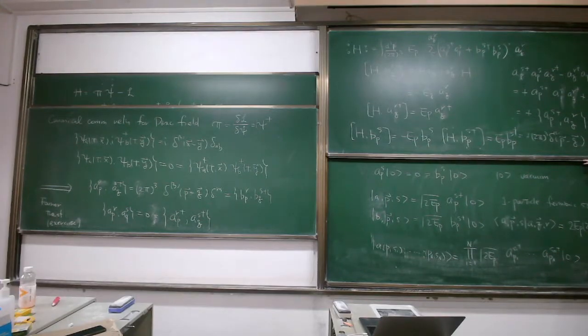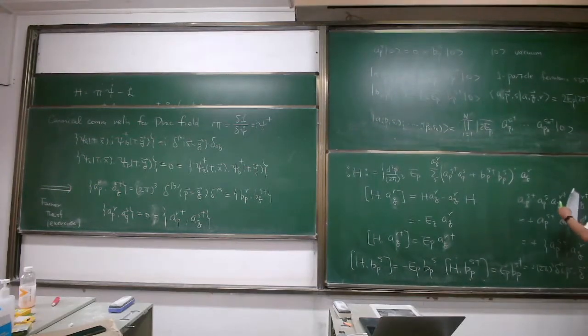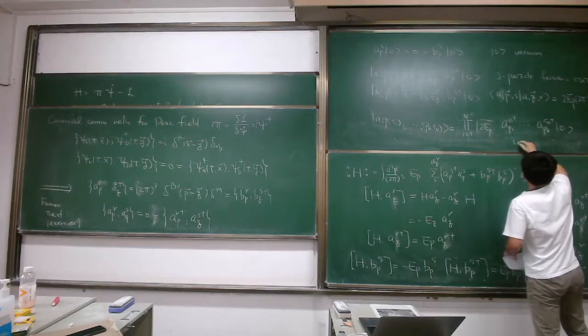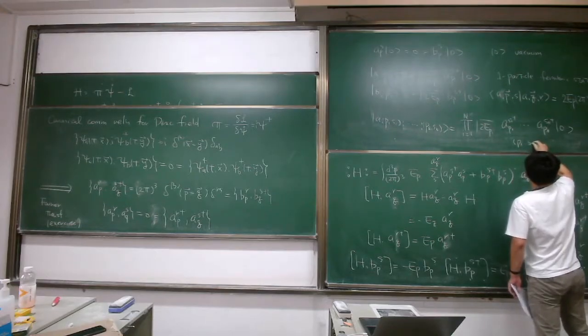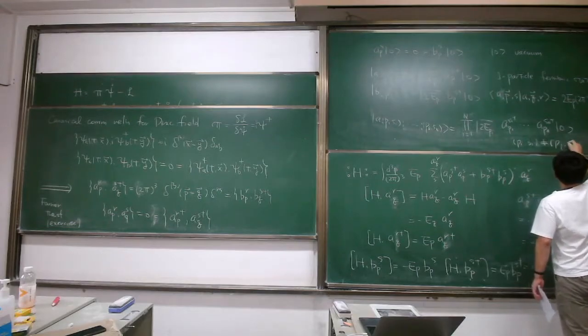However, the difference between boson and fermion is that you cannot take the same combination: Pi and Si should be different from Pj and Sj.